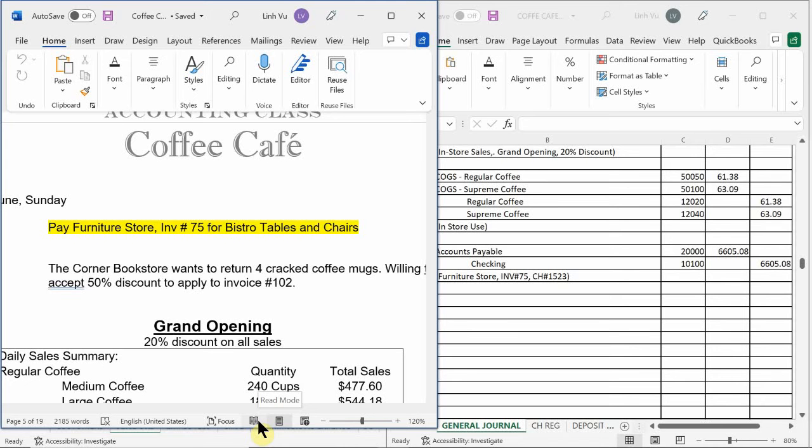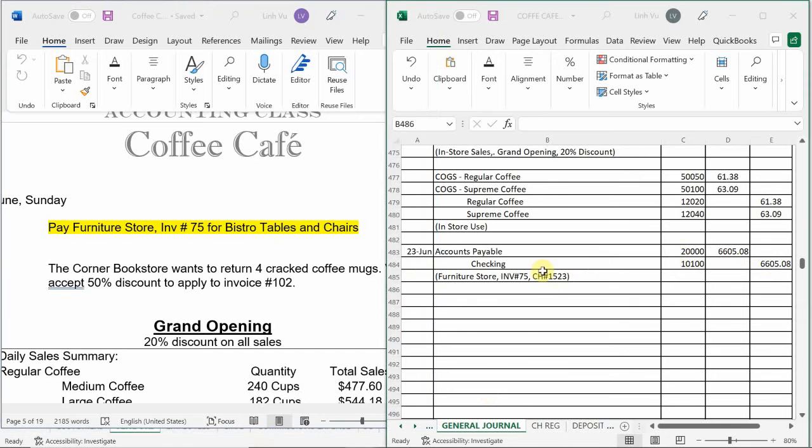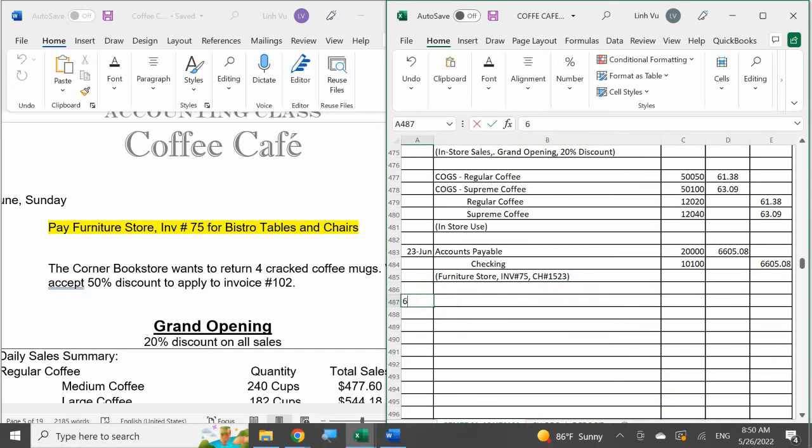Since he is Albert's friend, he was nicely willing to accept a 50% discount off of those 4 cracked coffee mugs, but he wants it applied to his invoice 102. So how are we going to issue this allowance?